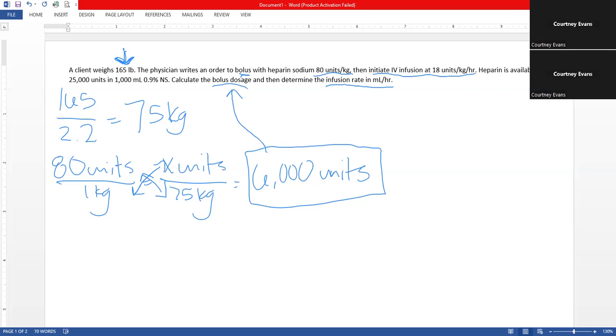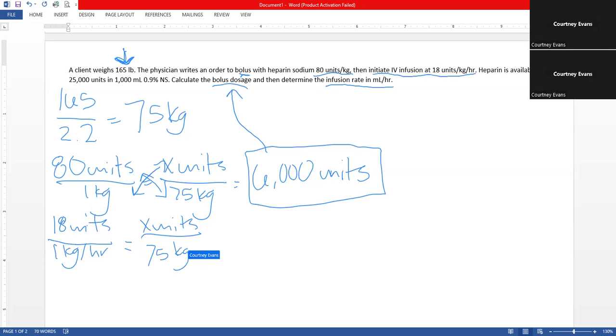Okay, so let's set that up. 18 units per 1 kilogram, and I'm going to put per hour so we don't forget about it, equals X units per our 75 kilograms, because that's how much our patient weighs.